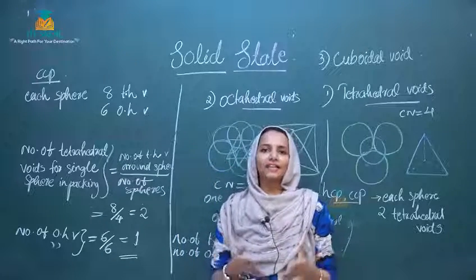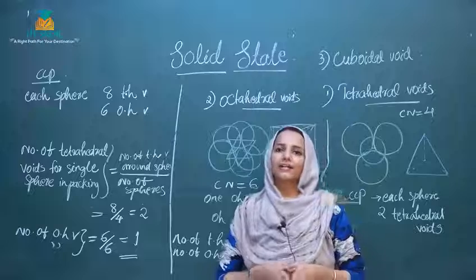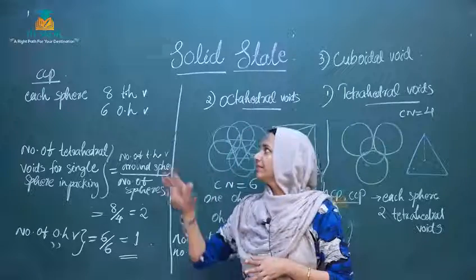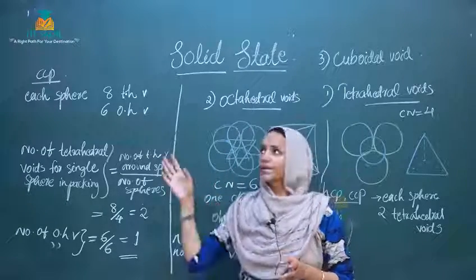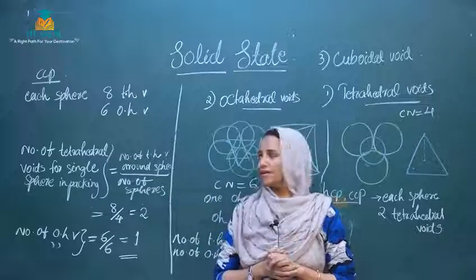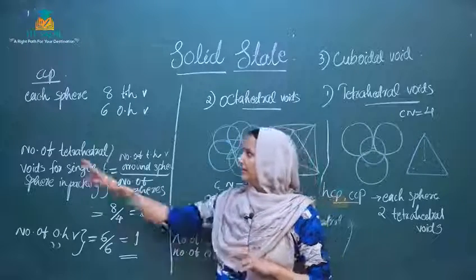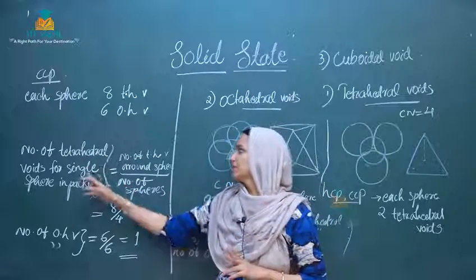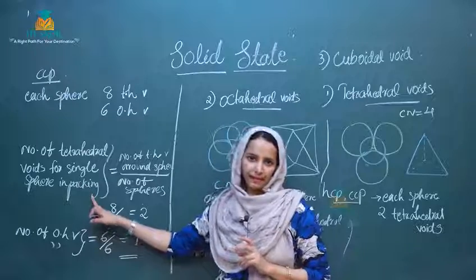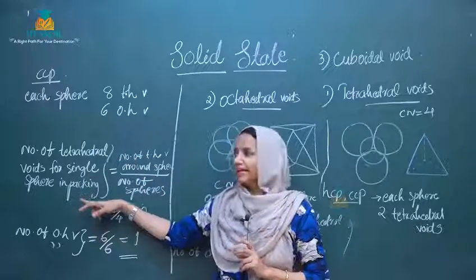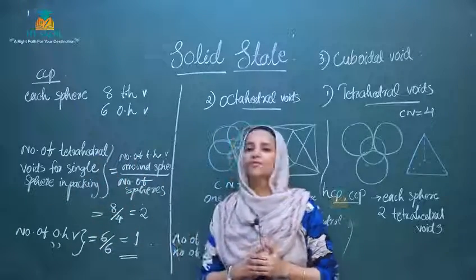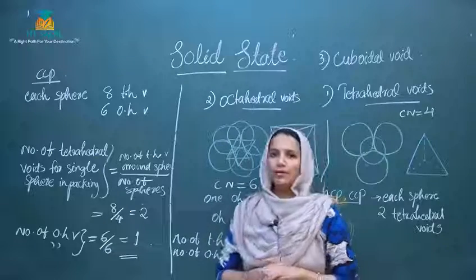So while checking those structures, you can see that for each CCP we have 8 tetrahedral voids and 6 octahedral voids. Now calculate the number of tetrahedral voids for a single sphere in packing. In CCP packing, we can calculate the number of tetrahedral voids for a single sphere. How will you calculate?